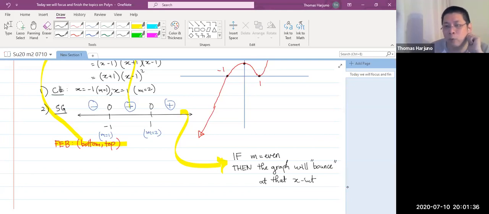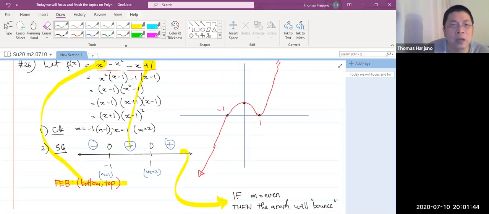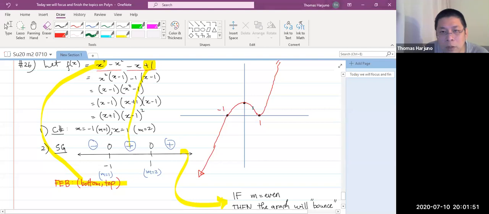Okay, and in fact we can say more. It will bounce according to the degree. So the way the graph actually behaves in the surrounding of this one here, it behaves like a square, because of the degree of 2, x squared, right?